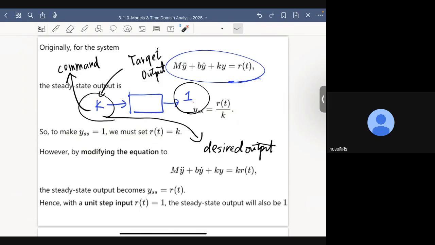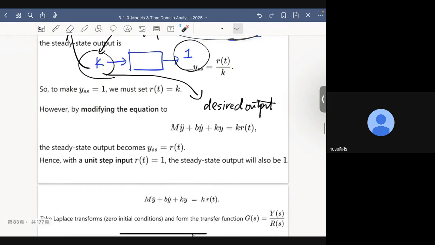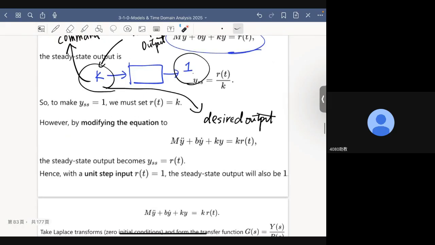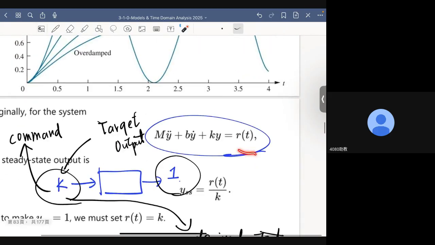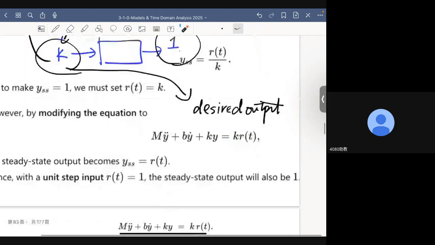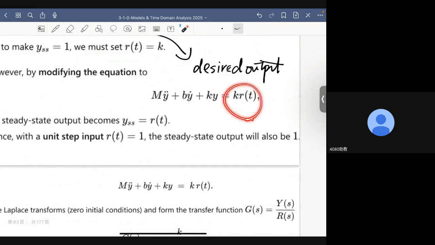How do we deal with this difficulty? Well, actually, it is not difficult at all. By modifying the equation, let's introduce a k here. Originally, on the right-hand side of the equation, what we have is r(t). Now, let's multiply r(t) by k.